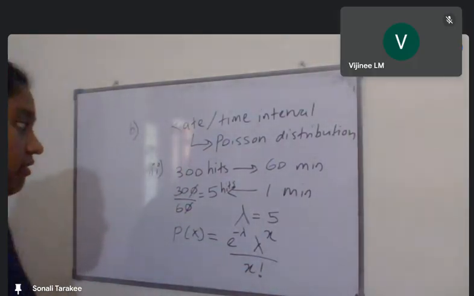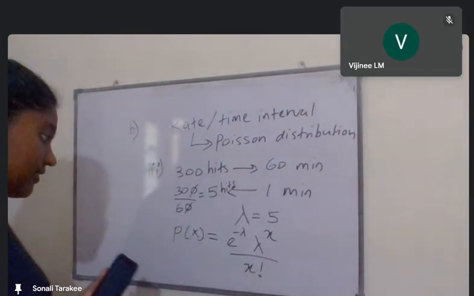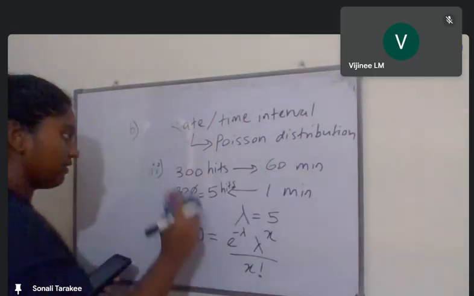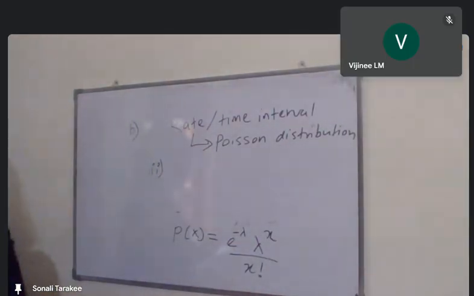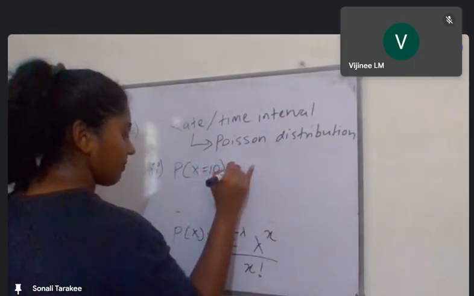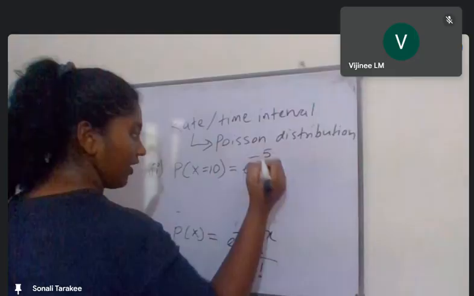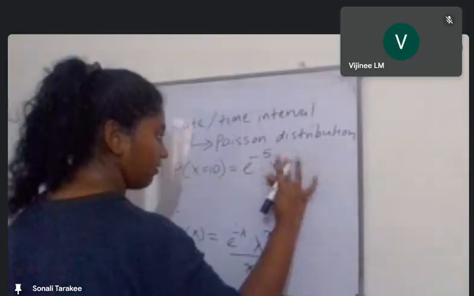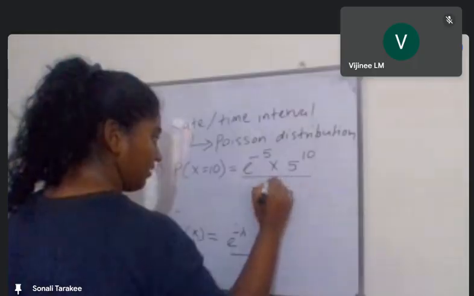Okay. Now we have to find P(x = 10). They ask you to find the probability of receiving 10 hits. That is e to the power minus 5 multiplied by 5 to the power 10 over 10 factorial.